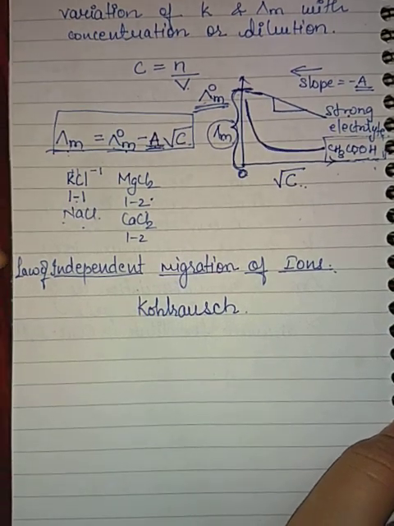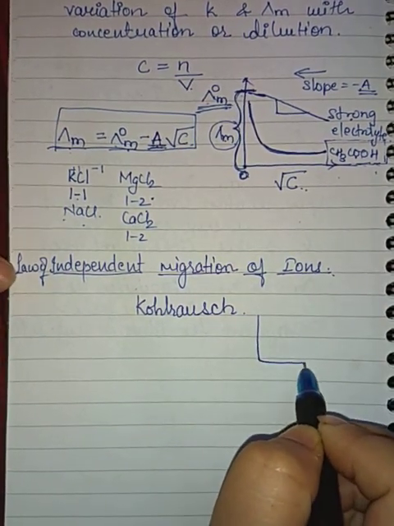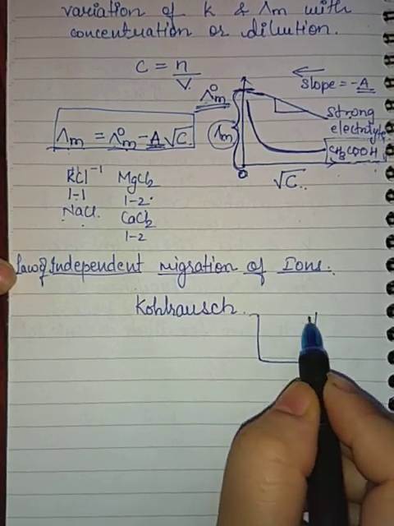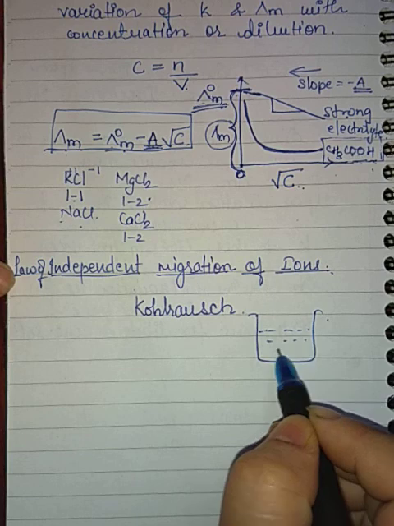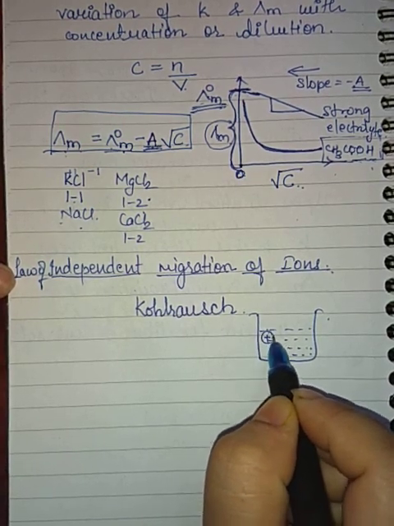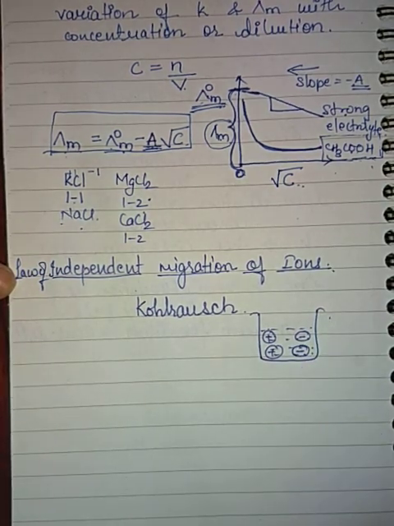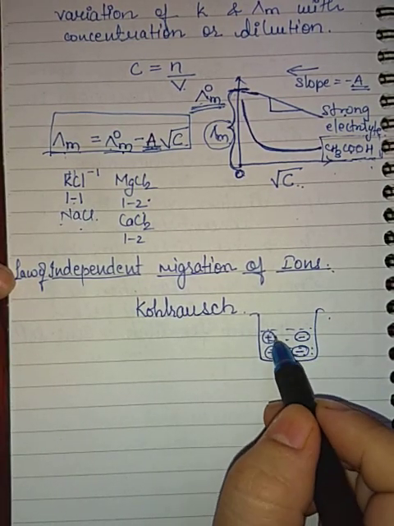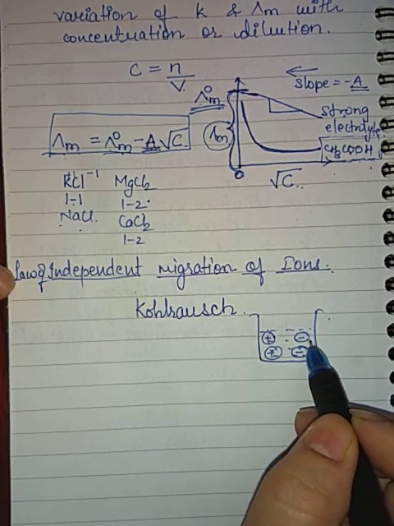Now it says that in a solution, when you dissolve any electrolyte, it is going to produce positive and negative ions. Correct? And they are going to contribute towards total molar conductivity.